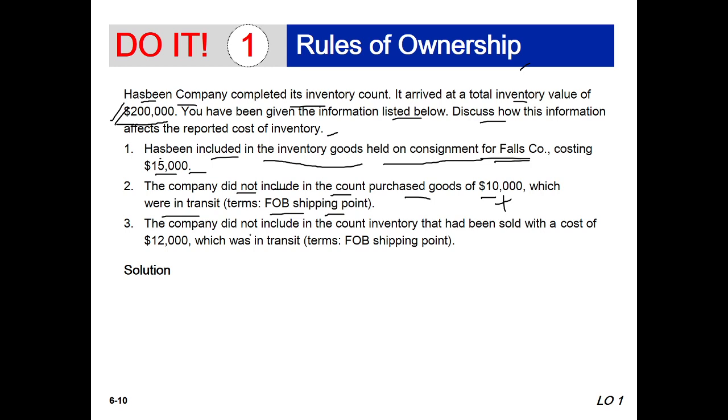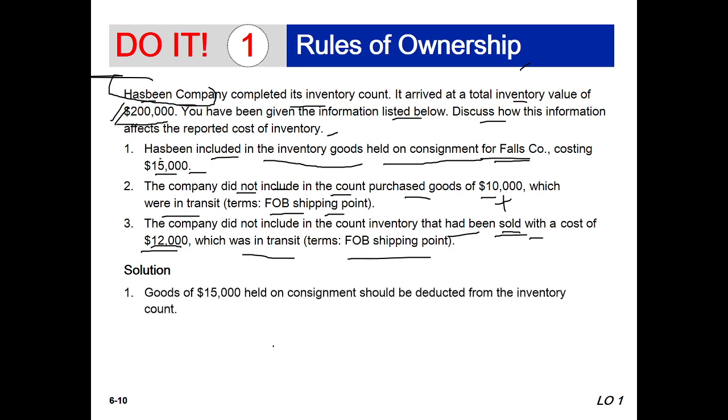And number 3, the company did not include in the count inventory that had been sold with a cost of 12,000, which was in transit FOB shipping point. That means we shipped these goods to the buyer, and the company sold these goods, so this will not be affected. Okay, will not be affected.